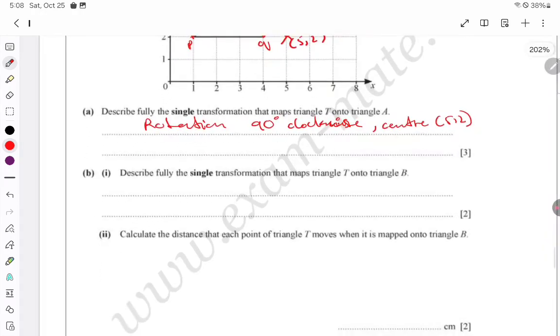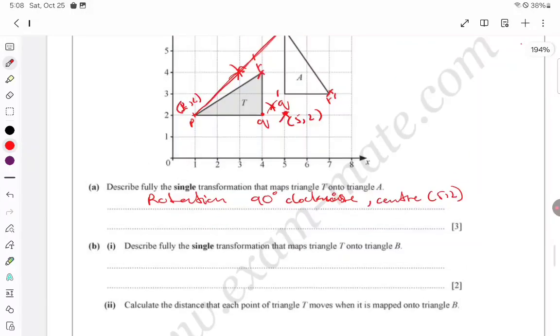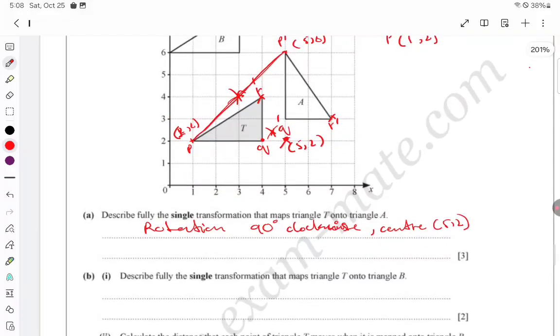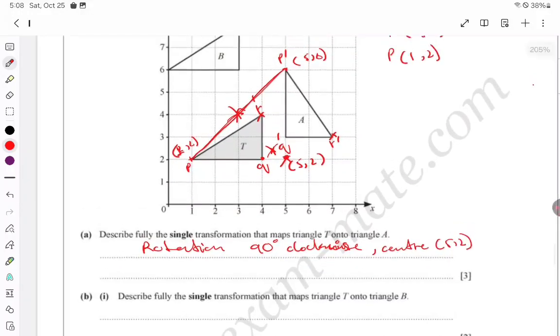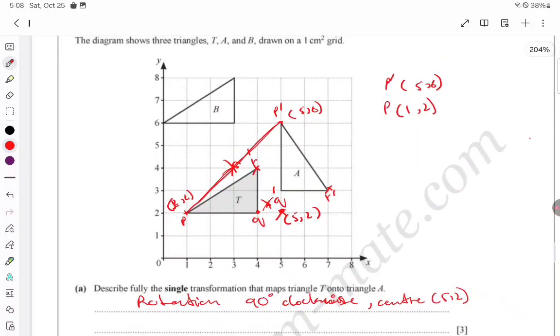In part B, describe fully the single transformation that maps triangle T onto triangle B. For the transformation, calculate the points from T onto triangle B. The x-axis is from here: 1, 2, 3, 4. So 4 in the left direction, so negative 4 comma 4.